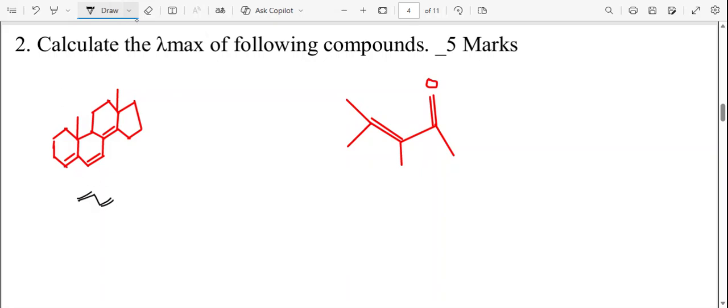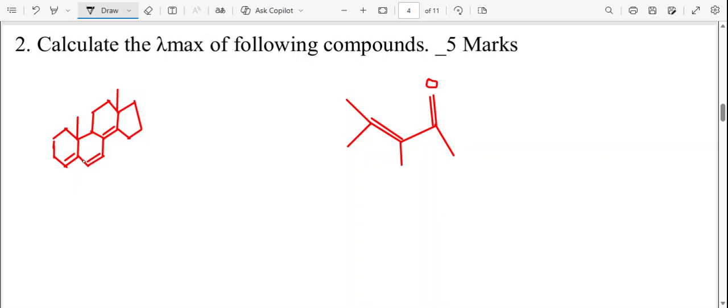Now how do you determine the lambda max? First of all, you identify what compound this is. These are just normal dienes, so you need the base value. Is this homoannular or heteroannular? You identify it like that.